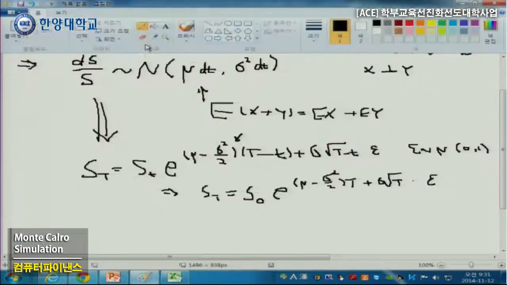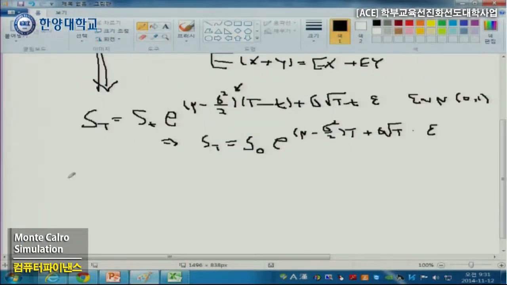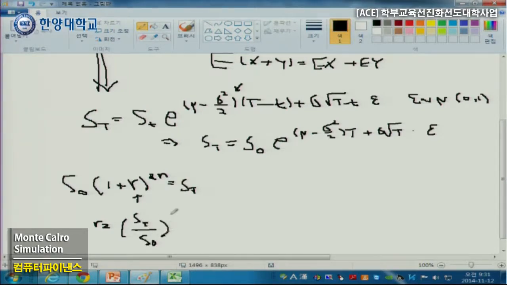This is S0 times 1 plus the holding period return, n times. Now it becomes ST, right? Then calculating the holding period return, r equals ST divided by S0, to the power 1 over n, minus 1, right?